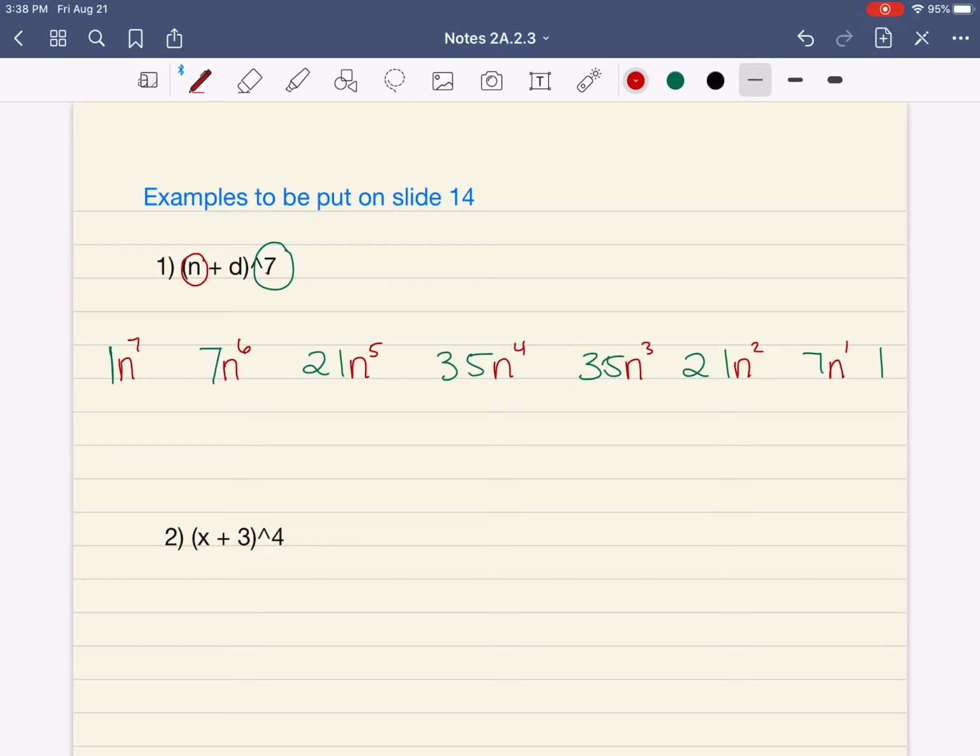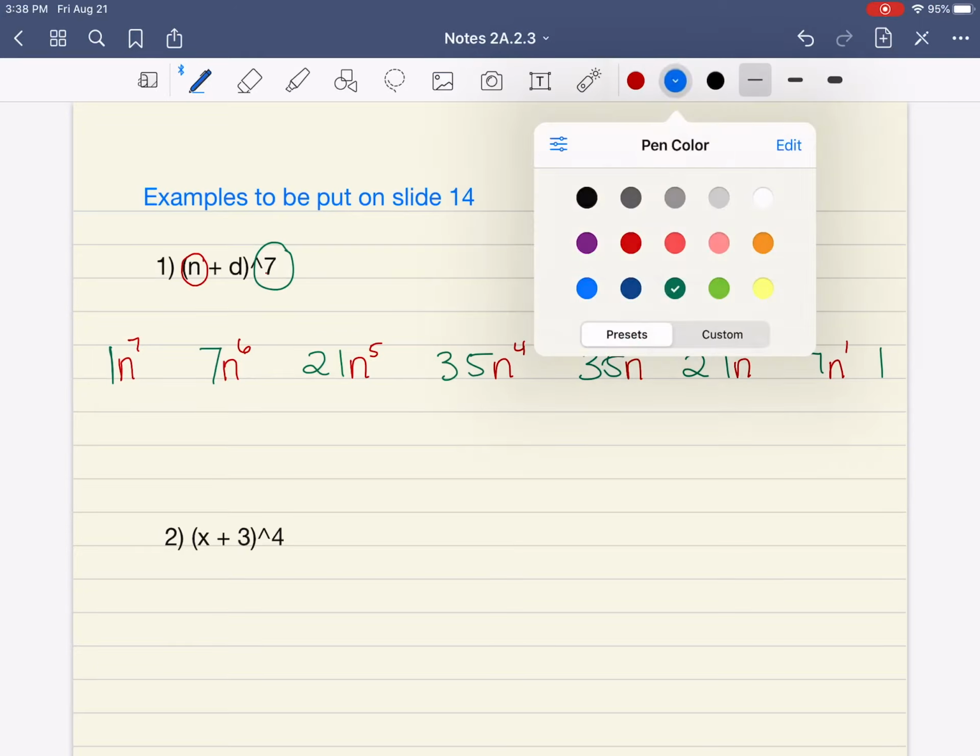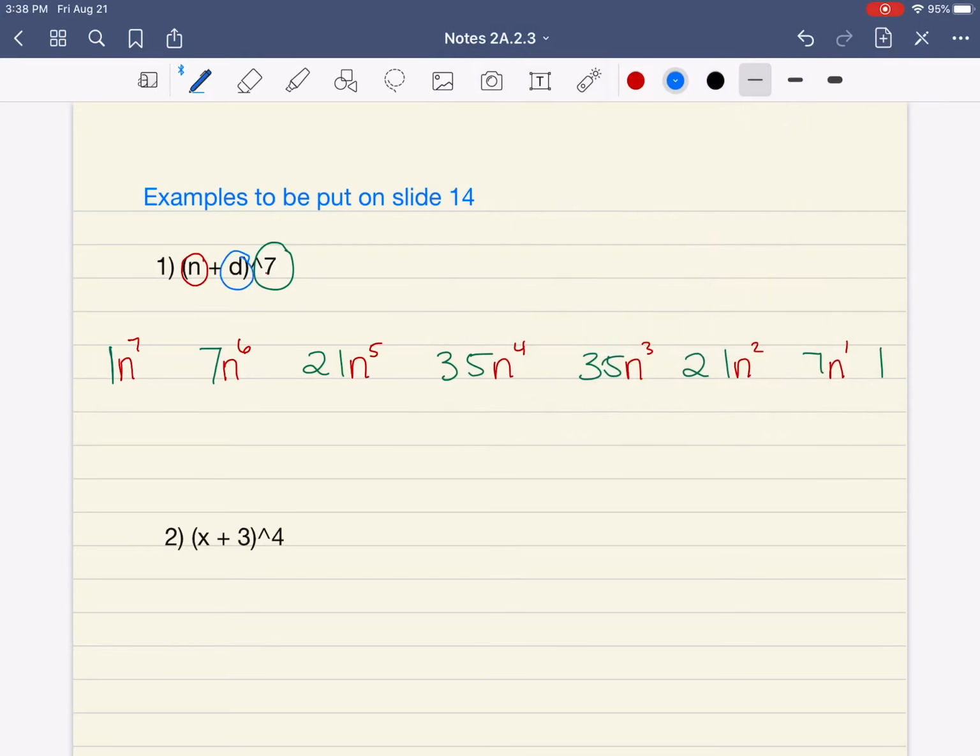It doesn't get any. Then I'm going to work backwards with my letter d. I'm going to go to the very end, and I'm going to start with d to the power of 7 on that very last one, and then I'm going to work in descending order going the opposite way. d to the power of 6, d to the power of 5, d to the power of 4, d cubed, d squared, d to the power of 1.